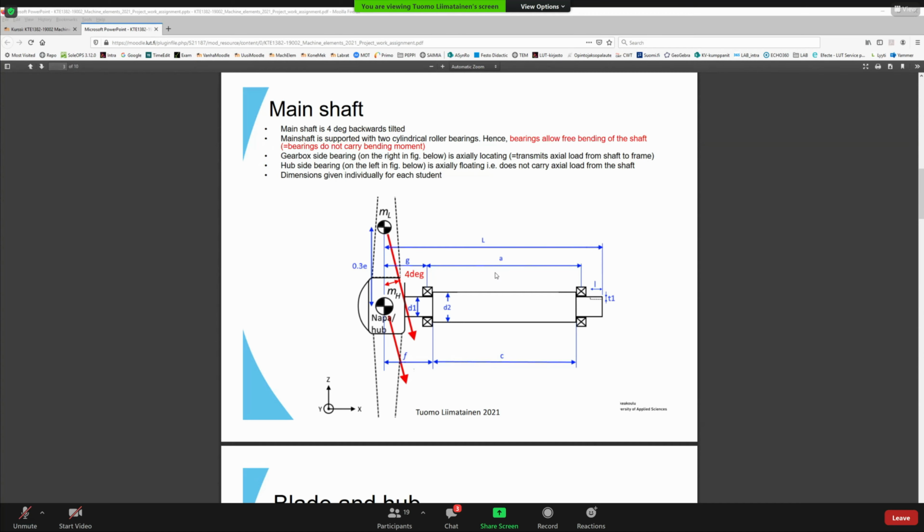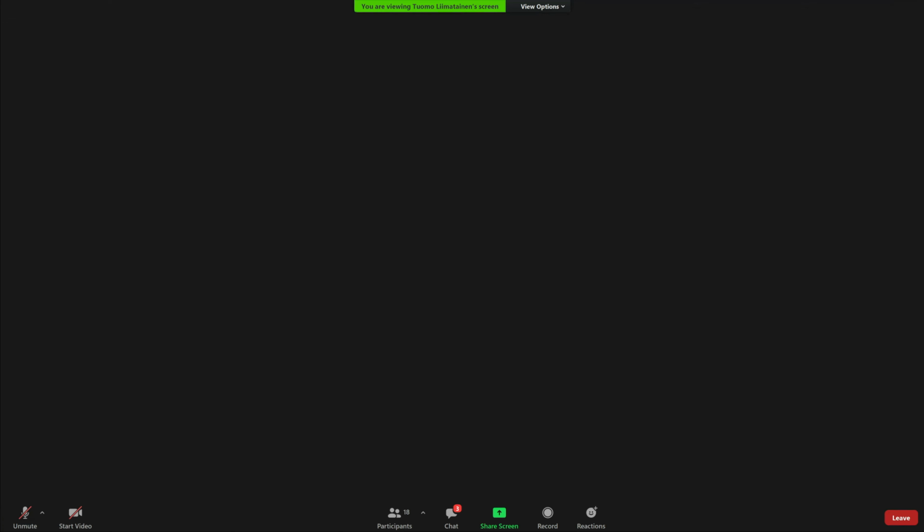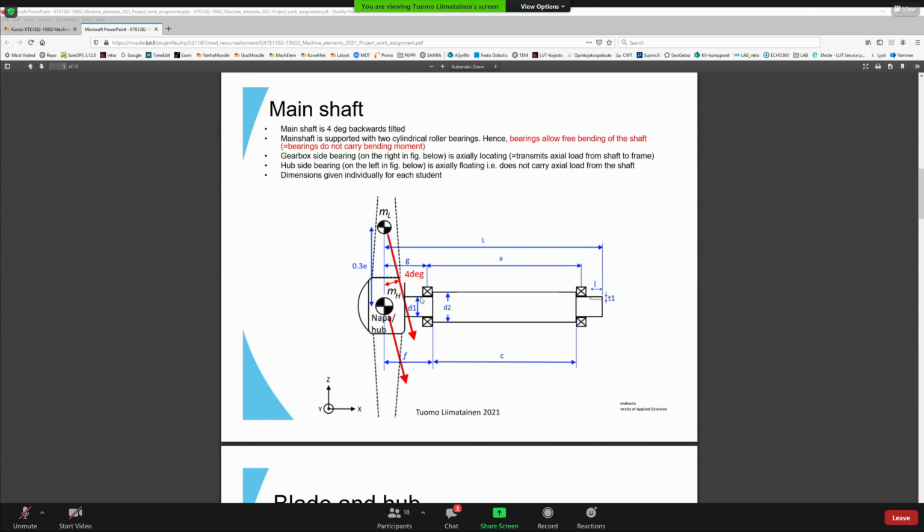So usually another bearing is axially floating, and in this case it's the front bearing here. When the rear bearing on the right-hand side is fixed, all this shaft length with the hub and blades can freely extend, and the position of the front bearing is slightly moving due to the temperature variation.